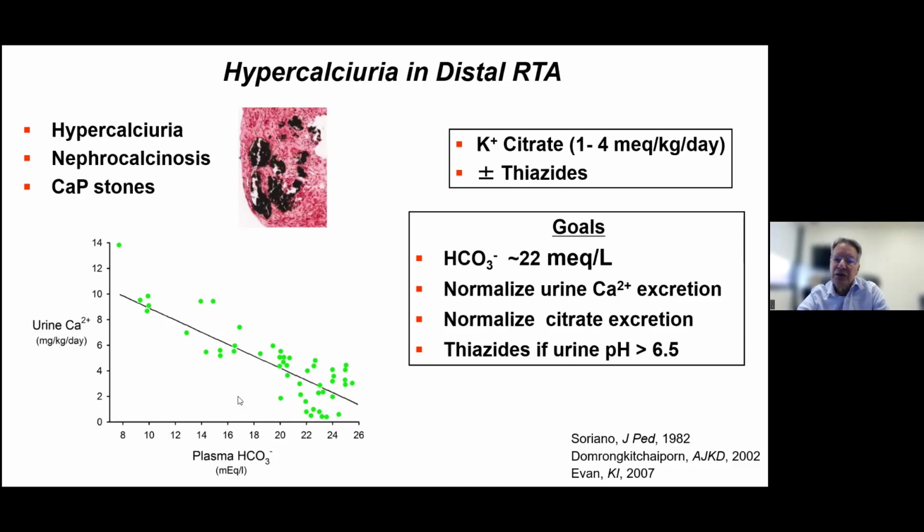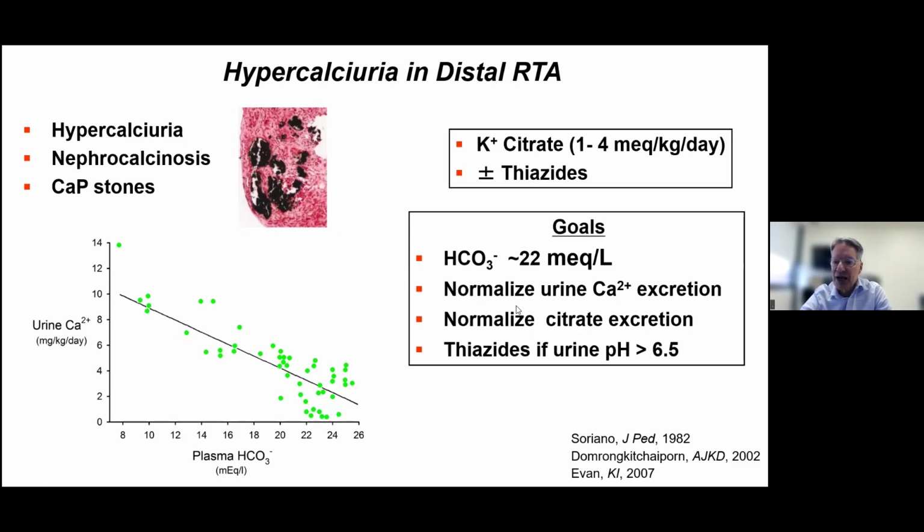Okay, so what we do clinically is we give K-citrate, and what we're trying to do is normalize the bicarbonate. It doesn't have to be 100% normal, but we know that raising the bicarbonate will lower the hypercalciuria. So we try to get rid of the hypercalciuria by raising the bicarbonate, usually with K-citrate, since they're hypokalemic.